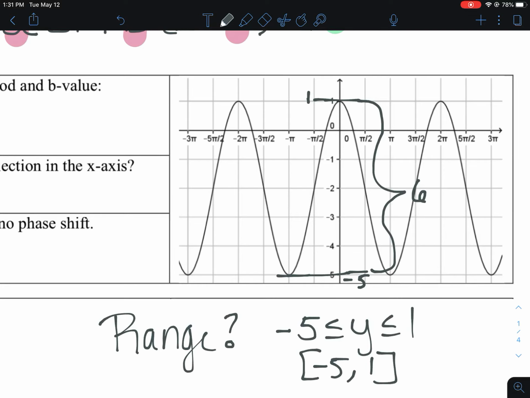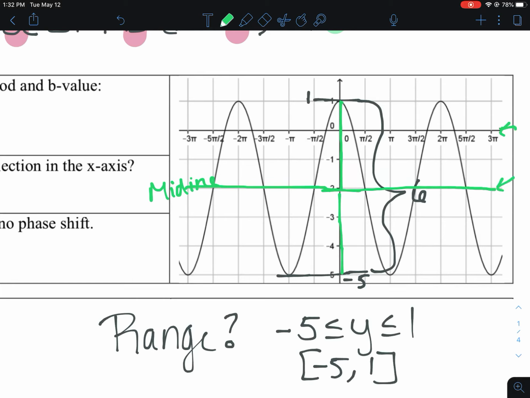So if the total distance between them is 6, halfway or half of that distance is 3 spaces. So I'm going to come down from the top 1, 2, 3 spaces, or you could come up from the bottom 1, 2, 3 spaces. And so this line here, that is your midline, right?